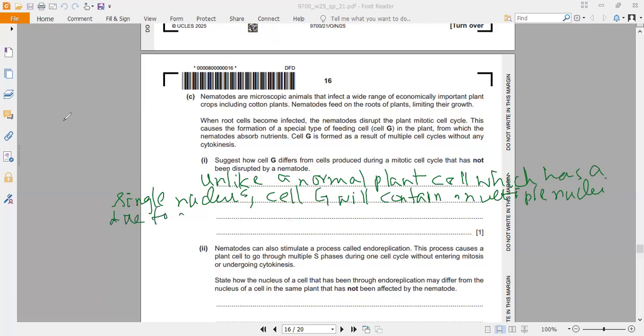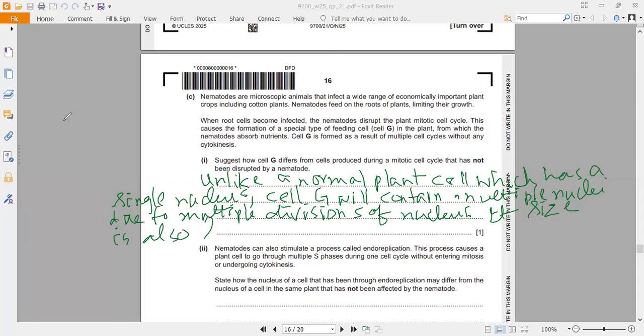Due to multiple divisions of nucleus, its size is also larger than a normal cell.